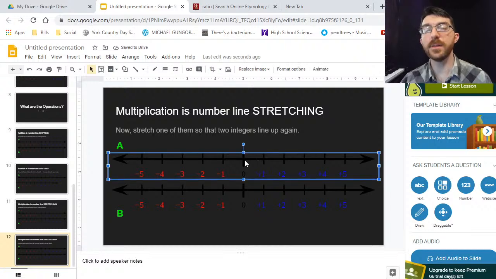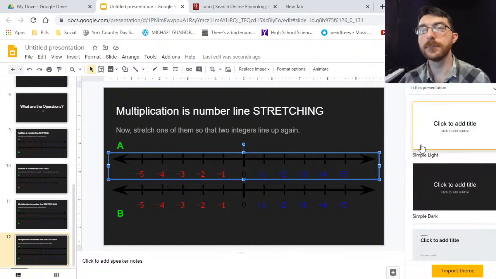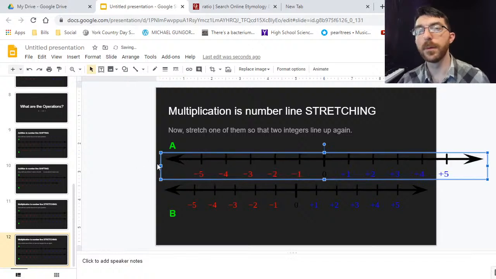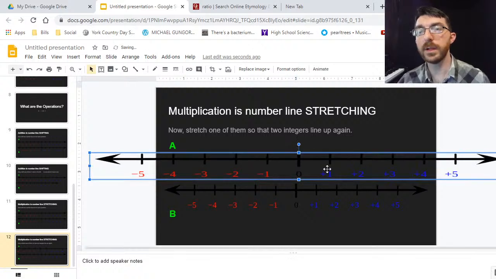So I'll stretch A this time. So what I'm going to do is distort A. All right, I got to be able to reach this here. Almost there. It's really nice to be able to deform this.